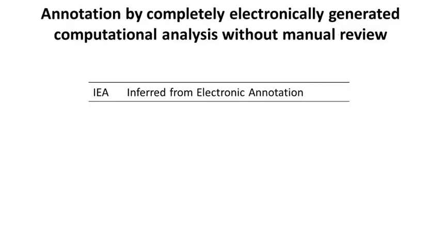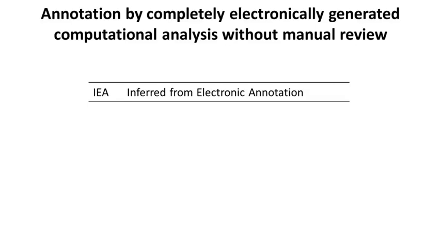Finally, because the speed at which genes and genomes are sequenced far exceeds the speed at which experimental biologists can study them in the lab, or the speed at which any curator teams can review the evidence, many genes were annotated by completely electronically generated computational analysis without manual review.